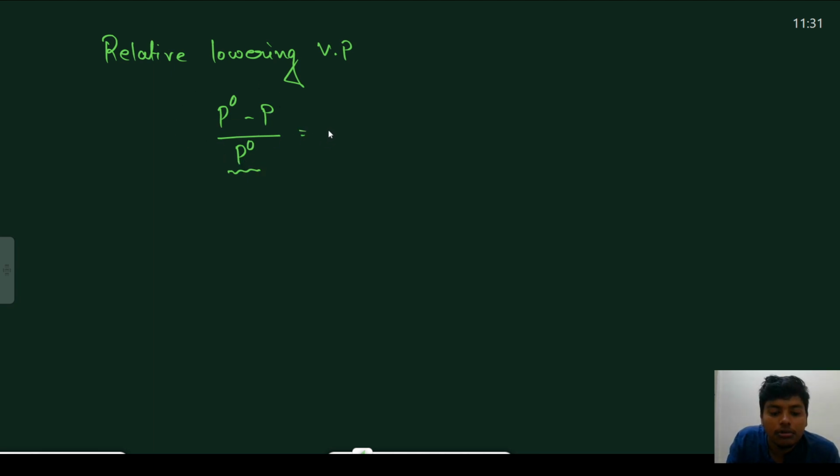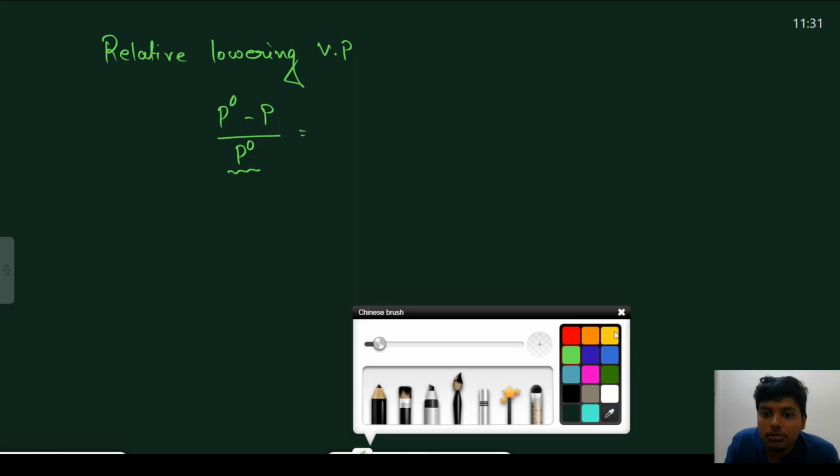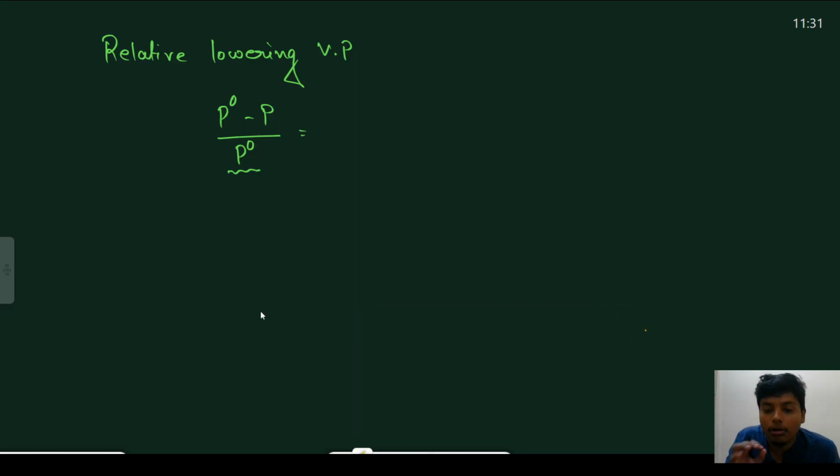We can say that is a colligative property. How? Listen. P naught minus P over P naught is the relative lowering of vapor pressure. Can I write this as P naught by P naught minus P by P naught? Yes or no? Mathematics.